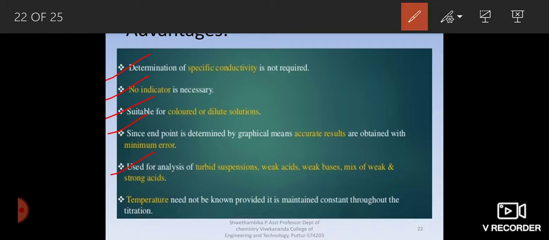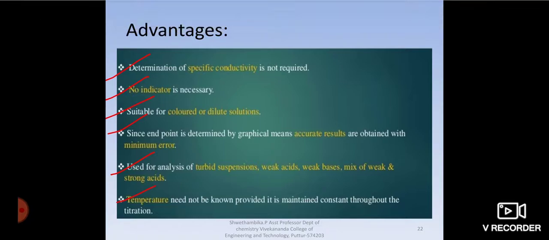This can also be used for turbid suspensions. You can study weak acids, weak bases, and mixtures of weak and strong acids, and temperature need not be provided for any calculations. If you do the experiment at room temperature, temperature need not be considered for the calculation.